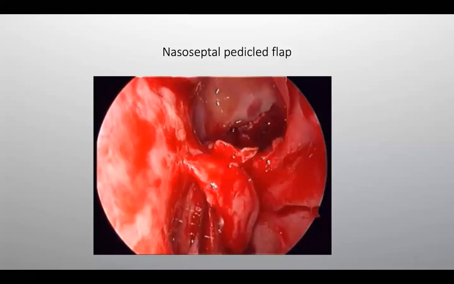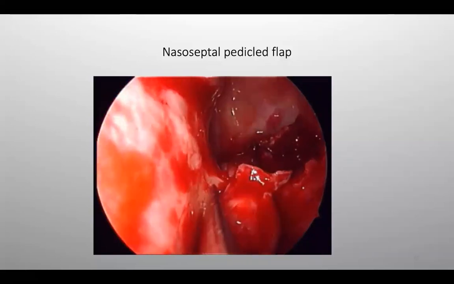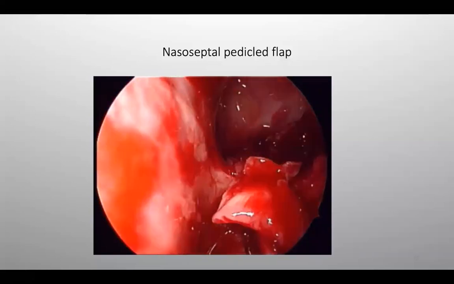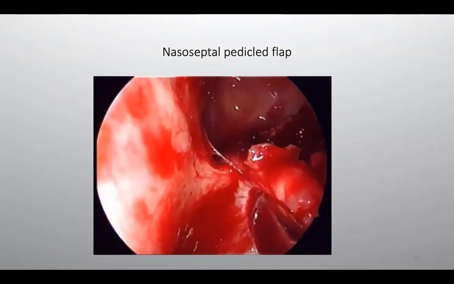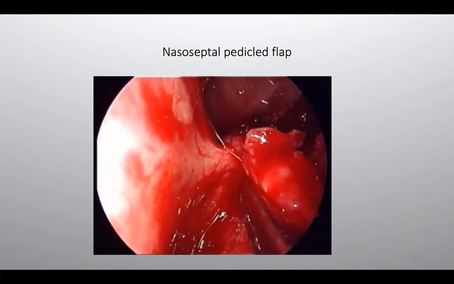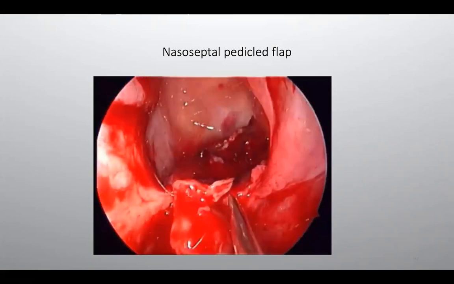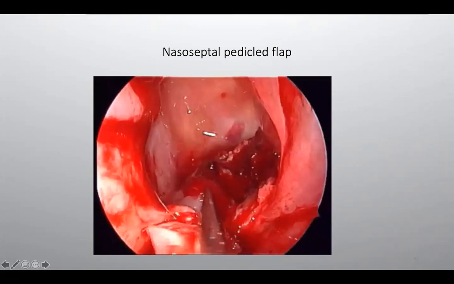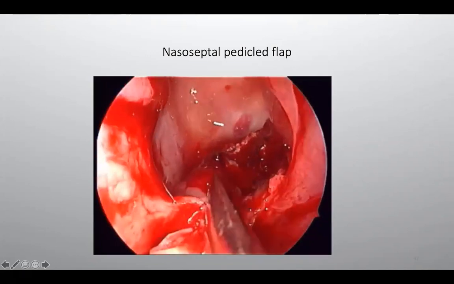It allows you to address the other areas, get hemostasis. And then at some point, we'll need to rotate this flap, make sure that it's not rotated on its pedicle. This is really just cleaning up.